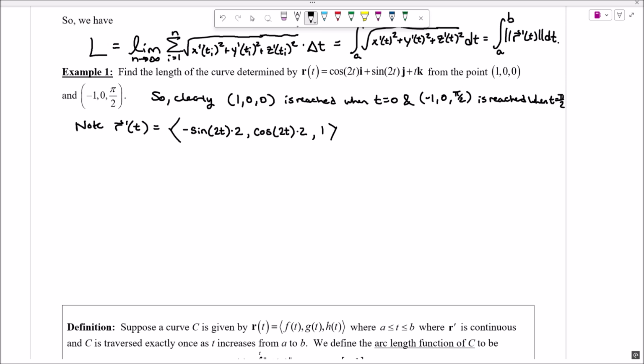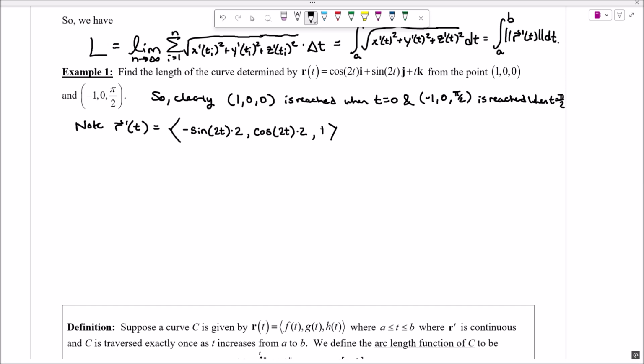Okay, now I can double check a couple things here. First, are each of my individual components continuous? Absolutely. I have some nice simple trig functions that I know don't have any horizontal or vertical asymptotes or anything weird like that happening on them. Nice continuous functions. And I can also guarantee that my r prime of t is never going to be equal to the 0 vector, because the z component is 1 all the time, so there's no way that all the components can ever hit 0.